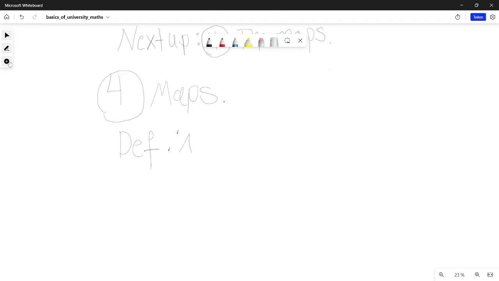Okay, I think I should increase the thickness of the line.